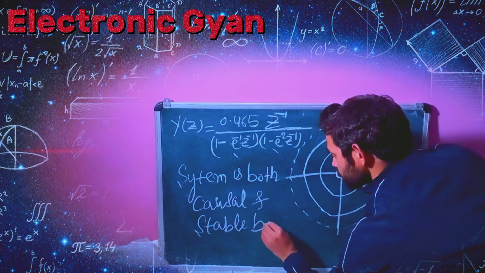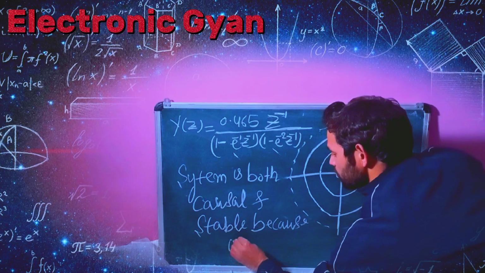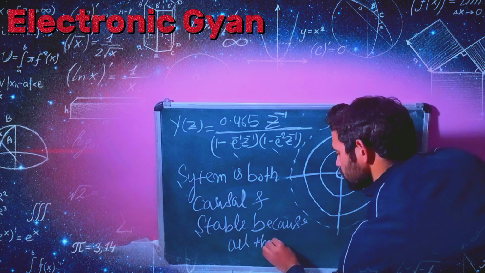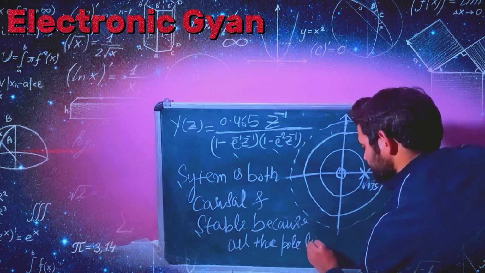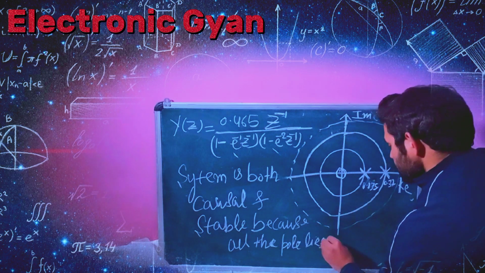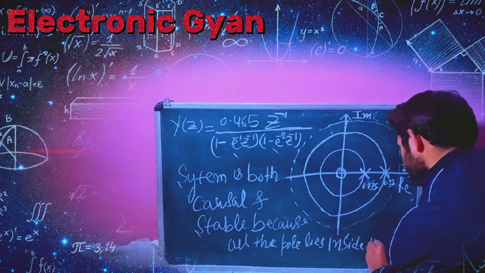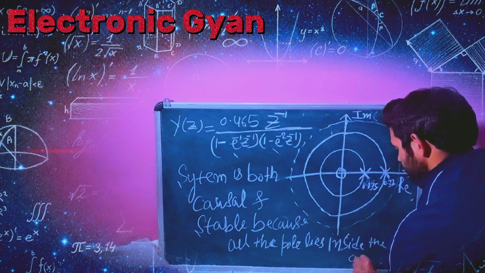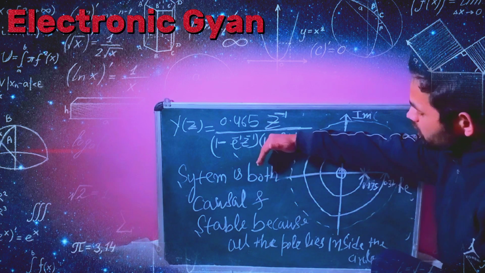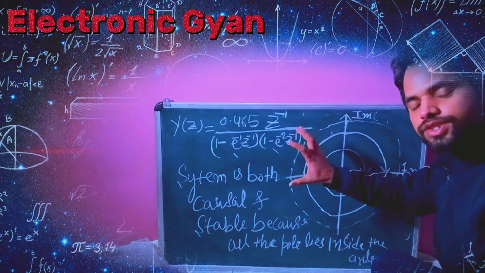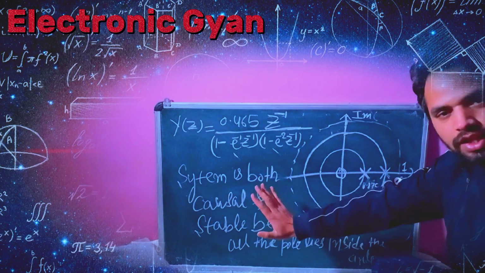Because all the poles lie inside the unit circle. Okay, so we should know this concept. Whenever all the poles lie inside the unit circle, the system is always causal and stable. Here both the poles are lying inside the unit circle.